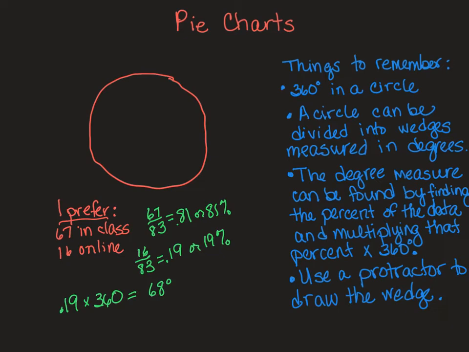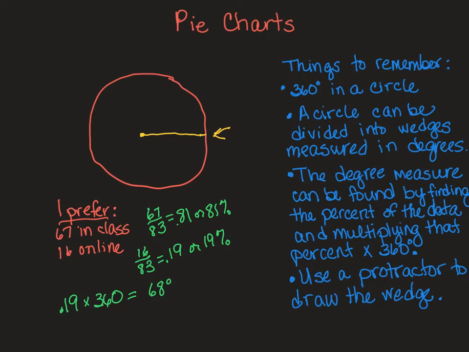Now I go to my circle. The first thing I do is I mark one line, because I have to find a starting point. I'm going to start here, and that's where I'm going to make sure I put my protractor. I have it on my center line, and I'm sure you're looking at this and saying, yep, there's Mrs. C's hideous drawing, but we have to get past that.